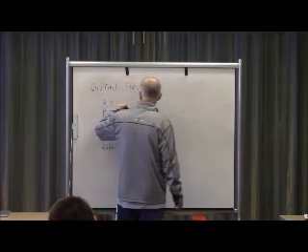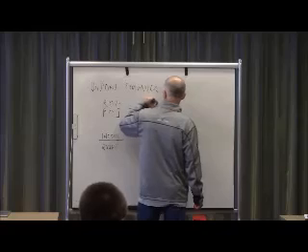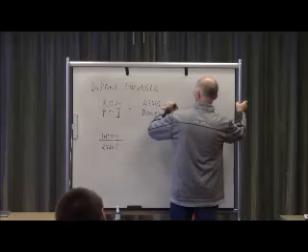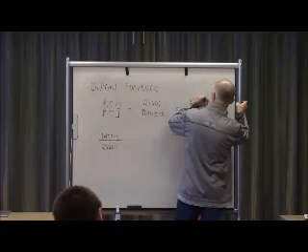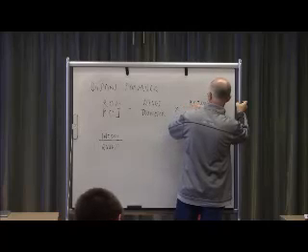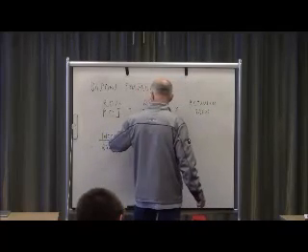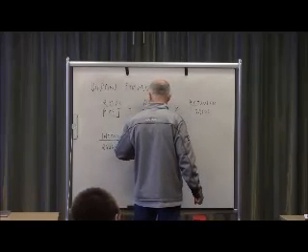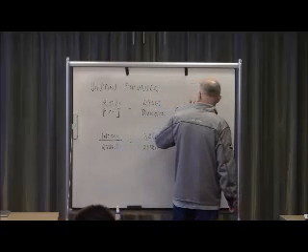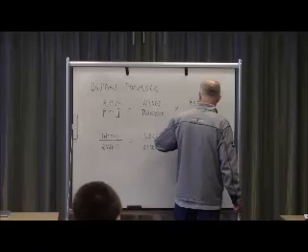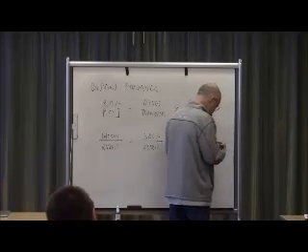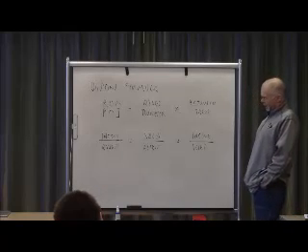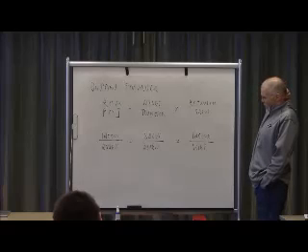Now here's what DuPont did. Basically, DuPont took return on assets and broke it down into 2 components, asset turnover and return on sales.